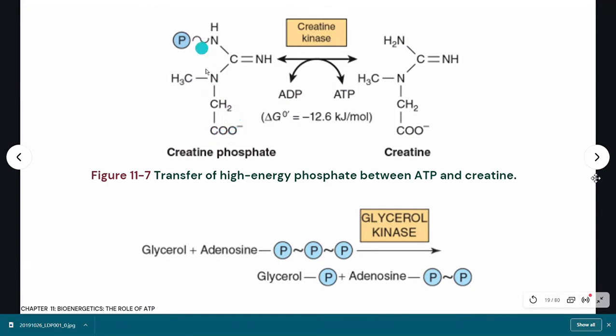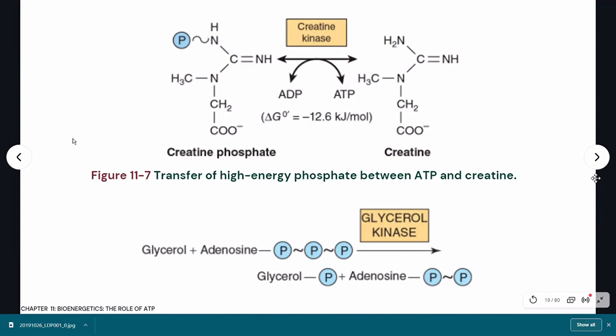This is stored in the muscles. So when the muscle is contracting and ATP is low, the creatine phosphate is utilized to phosphorylate ADP to become ATP.